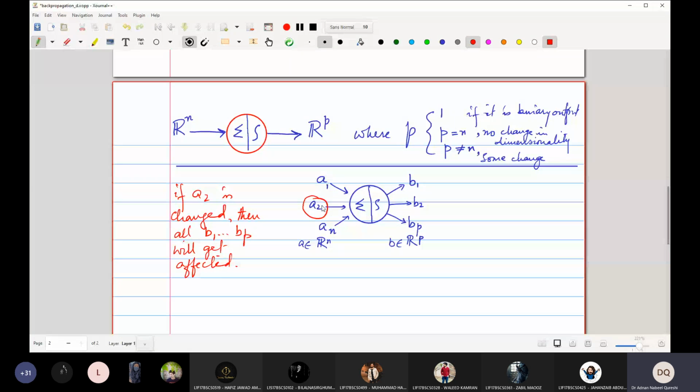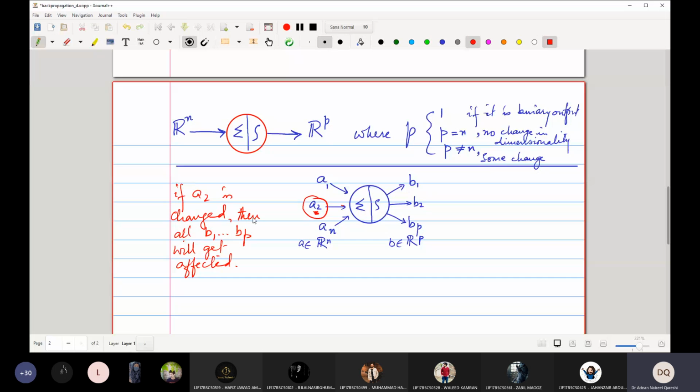All I said was that if this is the input, all the A's are the inputs, and you make some change in one of the inputs, say I change A2. In a neural network, remember that it is going to affect all of these. It will not be that changing A2 changes only B2.